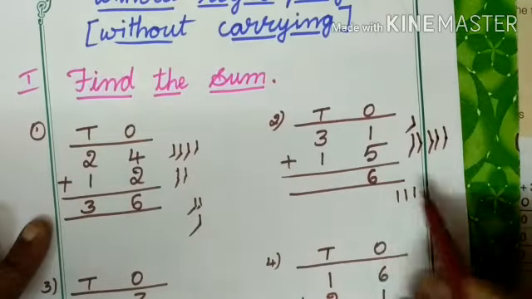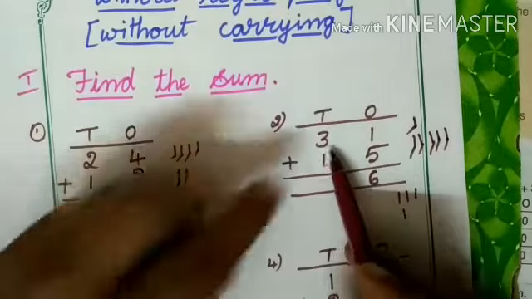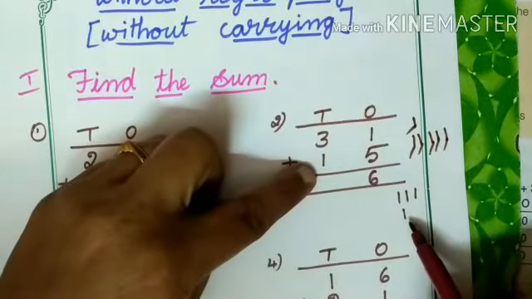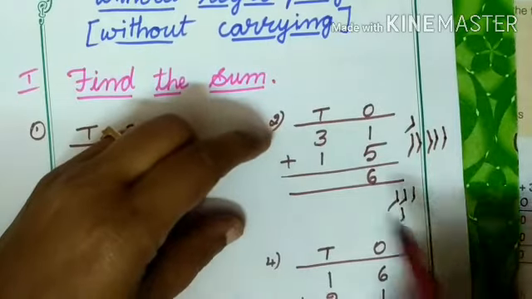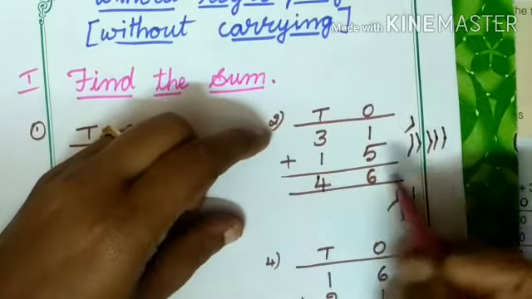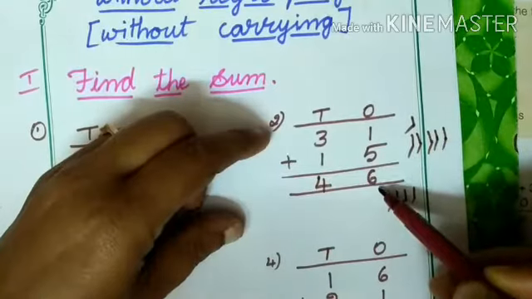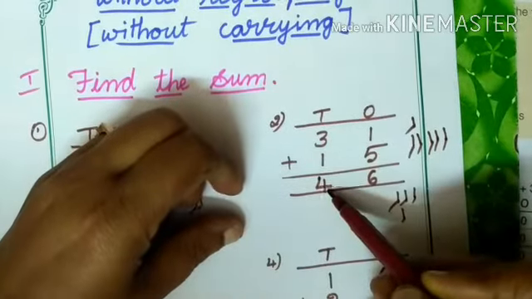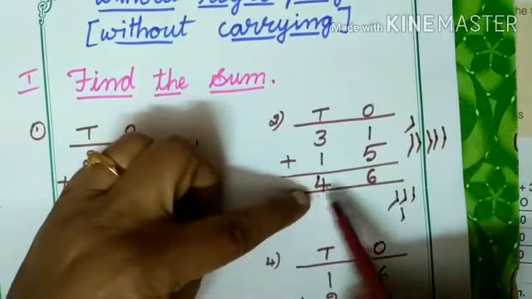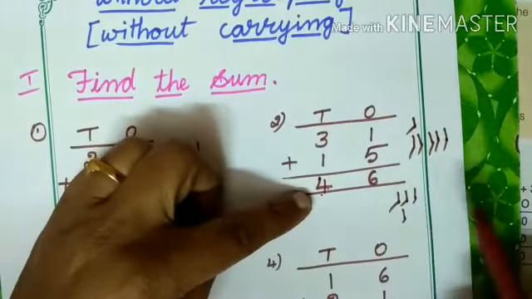Next one is 1. Write 1 line. Now add all together. 1, 2, 3, 4. Yes, write here 4. Always write the ones place answer down only, and the tens place you should write the tens. Here 4 tens and 6 ones makes 46.